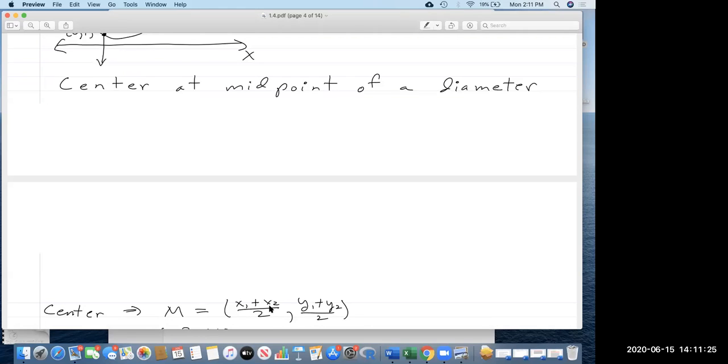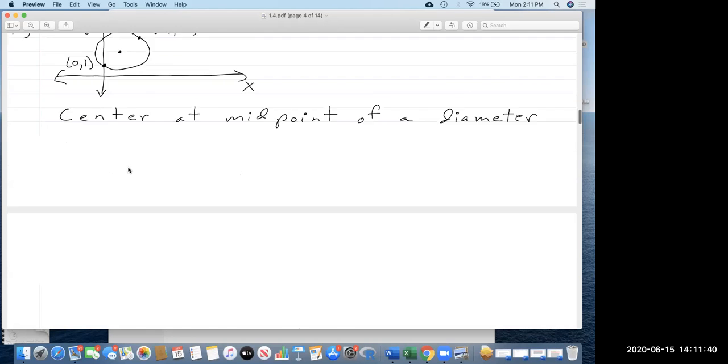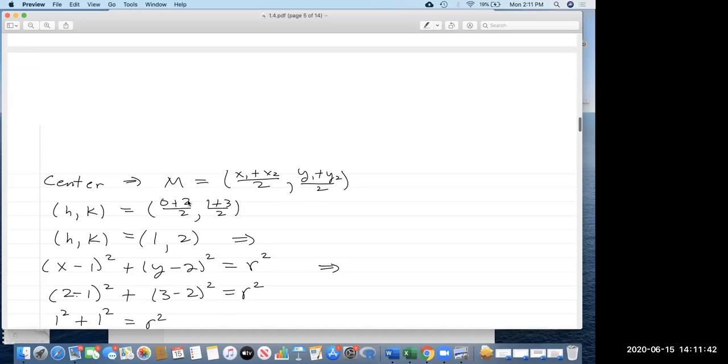(x1 plus x2) over 2, (y1 plus y2) over 2. So let's just add the x coordinates. 2 plus 0 divided by 2. 3 plus 1 divided by 2. And so 0 plus 2 is just 2 over 2, 1. 1 plus 3 is just 4 over 2, it's 2.